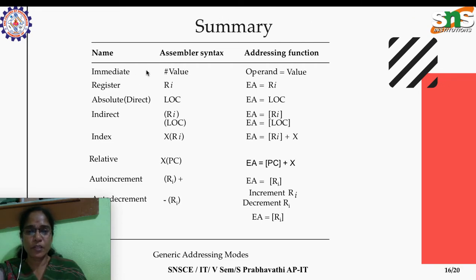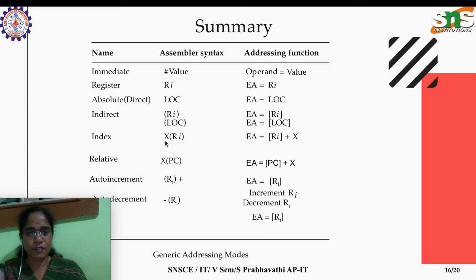So immediate means whatever value is present is the operand value. Register means the register will give the effective address. Absolute means the memory location is the effective address. Indirect means we can go for either a memory location or a register, so two ways are there, and its representation is also given here.